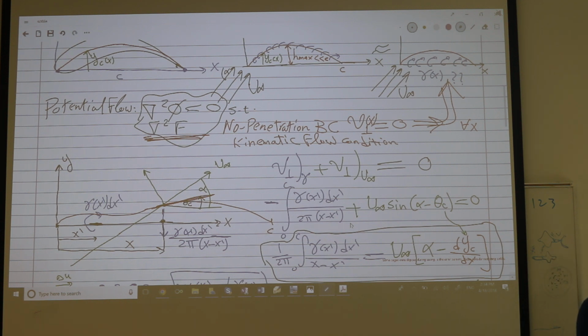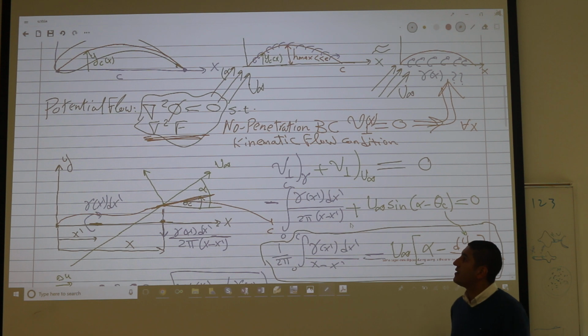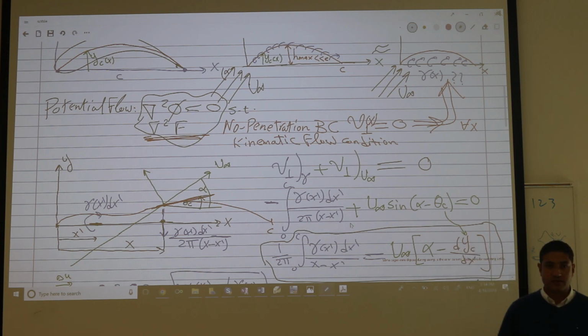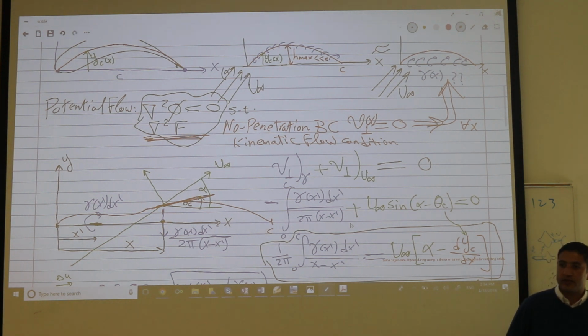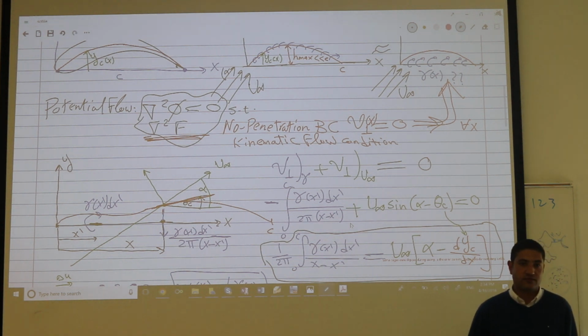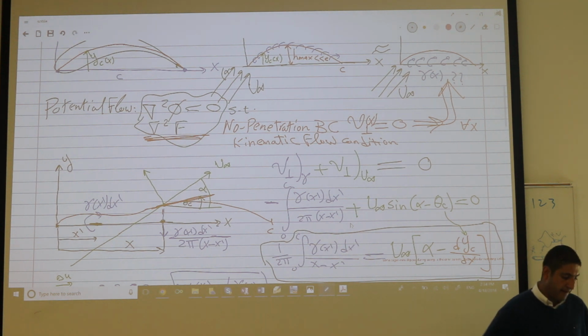If you add sources, that's fine, but because a closed body dictates that the total source and sink equal 0, this is an equation. You're going to keep adding equations. But of course, if you make it too complicated, you might not have sufficient conditions.